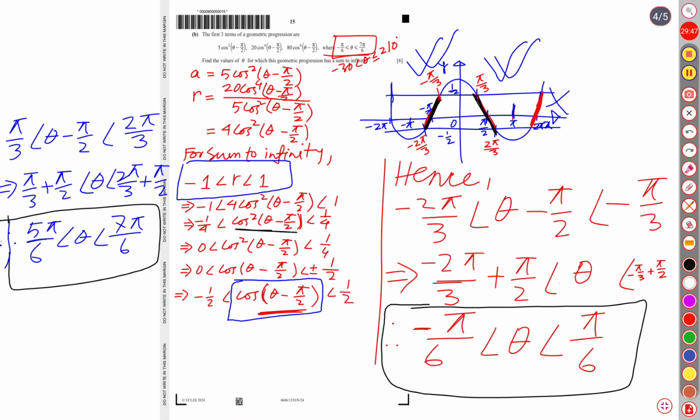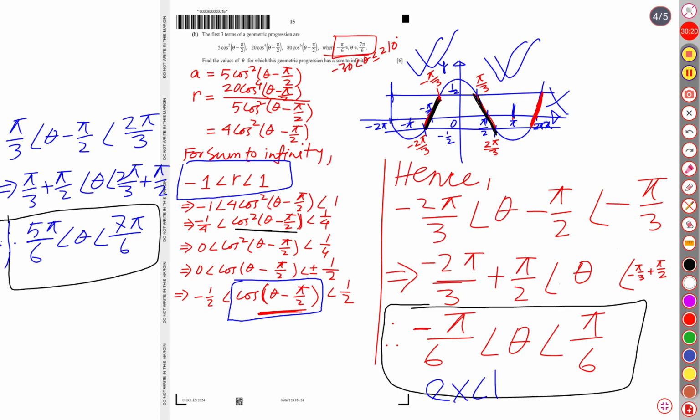Then finally we have found that our ranges of values are from negative 30 until positive 30, and from positive 150 until 210. And remember, in both cases this is excluding the value of 0.